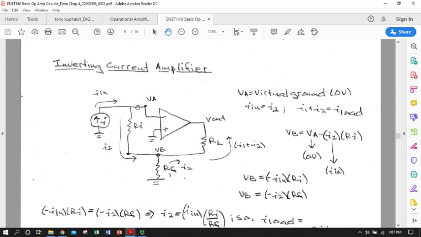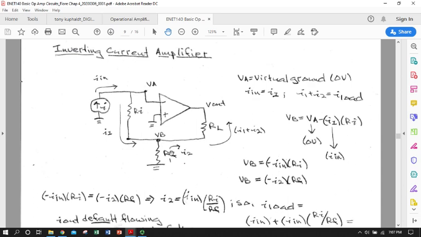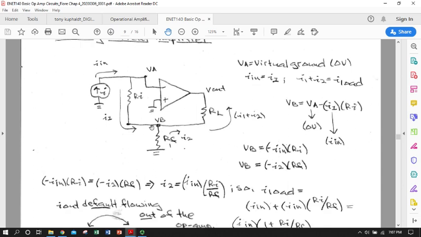So 0 minus the voltage drop over R sub I, which is I1 times R sub I, is going to equal V sub B. And I1 is In. So we know V sub B. And V sub B is also equal to ground, real earth ground, minus I2 times RF.